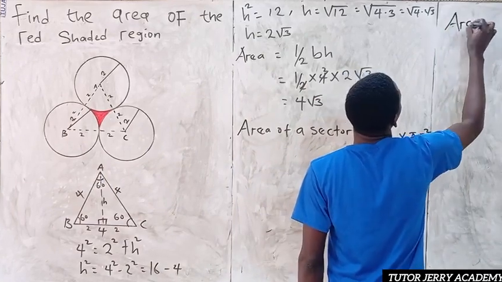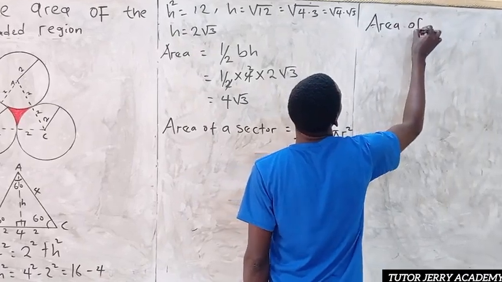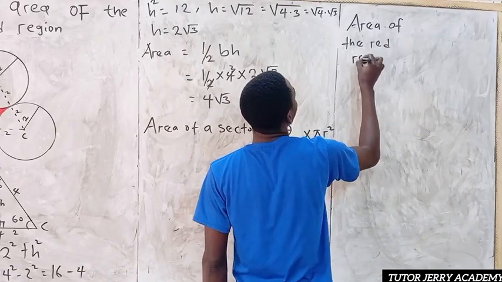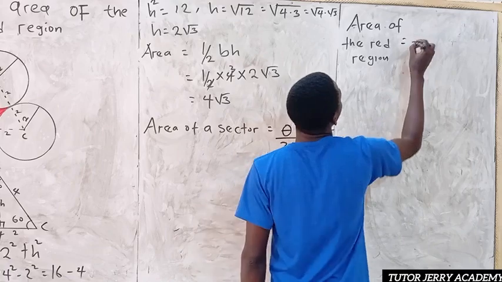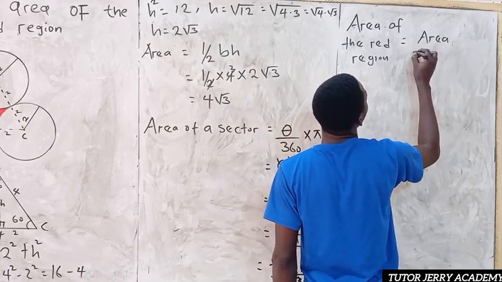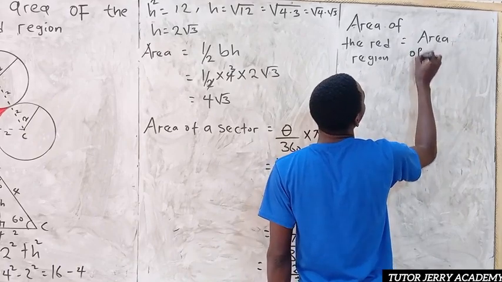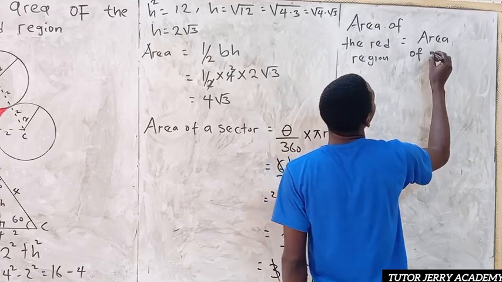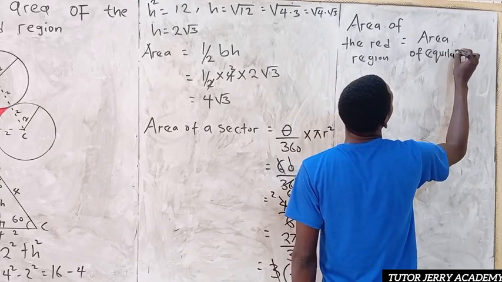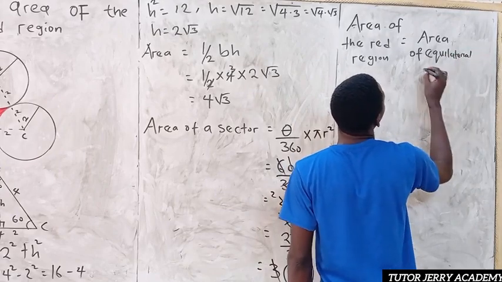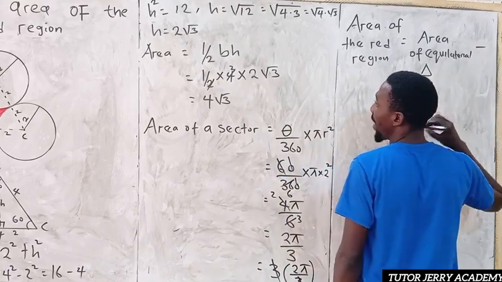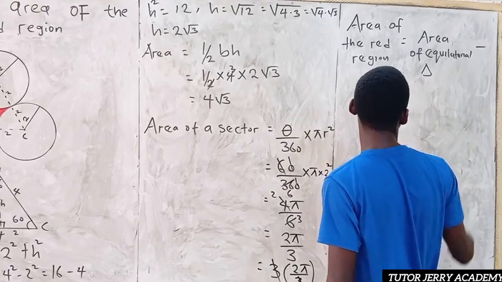The area of the red region is equal to the area of an equilateral triangle minus the area of the total sector.